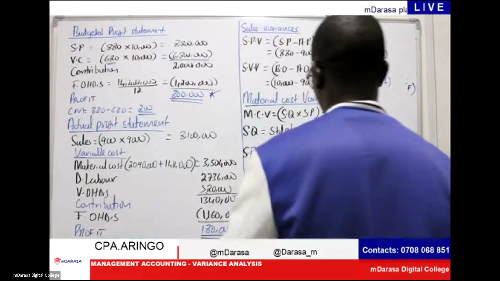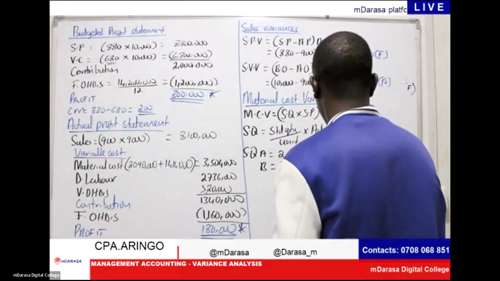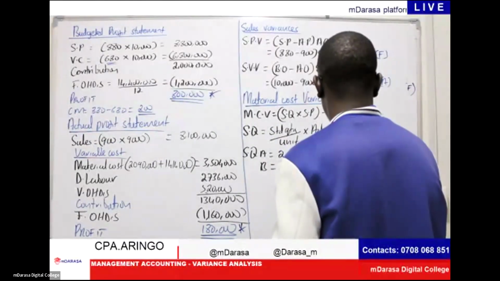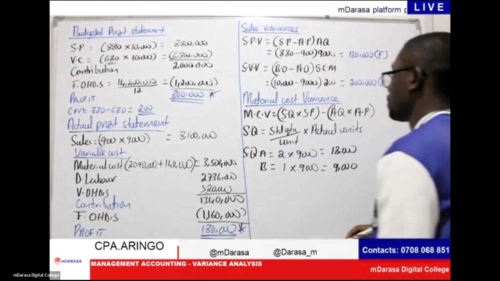So our SQ for material A gives us 18,000, and material B gives us 9,000.